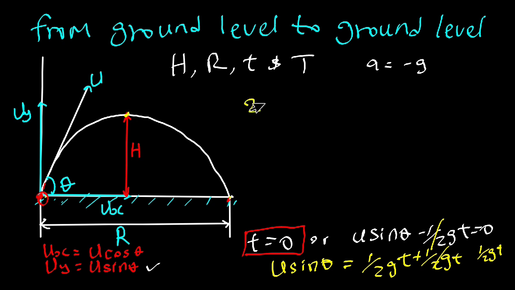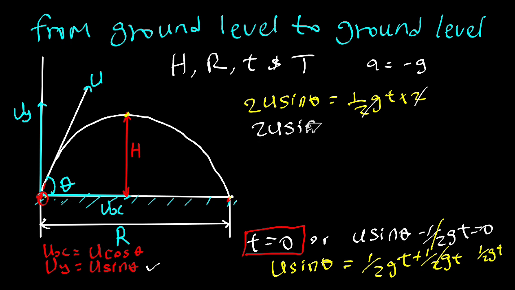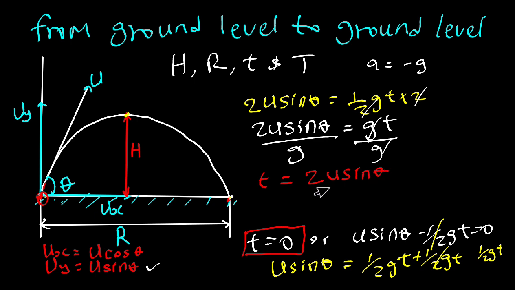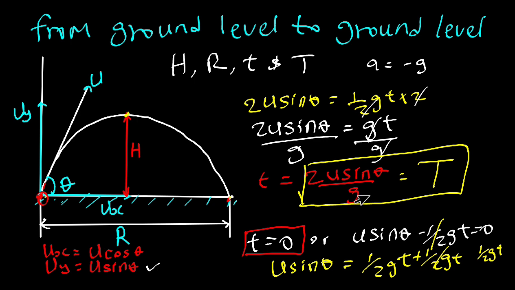We're going to have 2 multiplied by u sine theta equals half times gt multiplied by 2. Now these 2 and these 2 will cancel. We'll be left with 2u sine theta equals gt. Now let's divide both sides by g. This and this will cancel. Then we'll be left with t equals 2u sine theta divided by g. So let's replace this t with capital T. So this is how the time of flight is gotten: 2u sine theta divided by g.